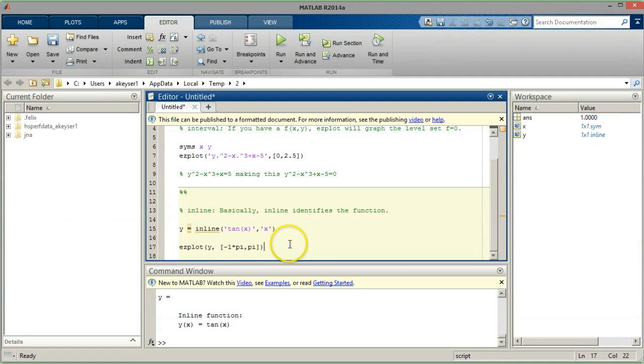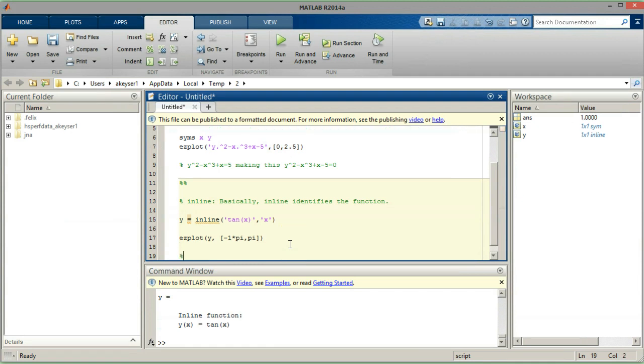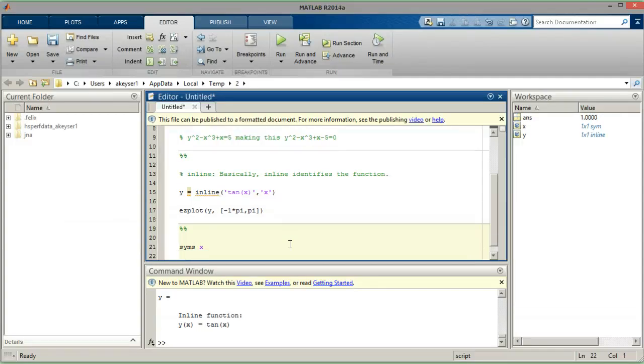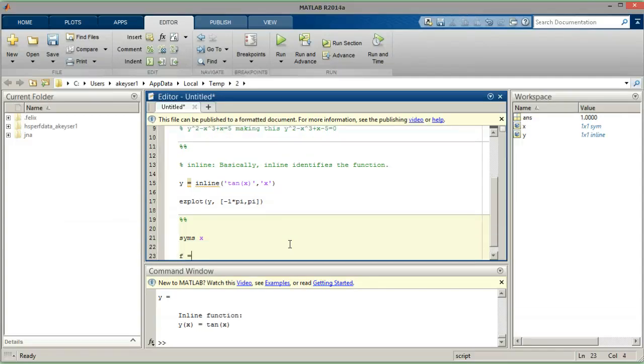Okay, so if we move to the next section. Let's say I want to create functions f and g. Let me start off by putting syms x, again, because I'm dealing with symbolic things. Then I'm going to put f equals x to the 7th.